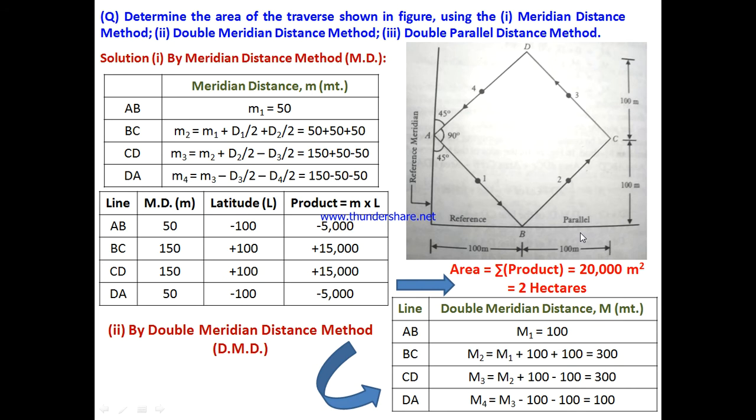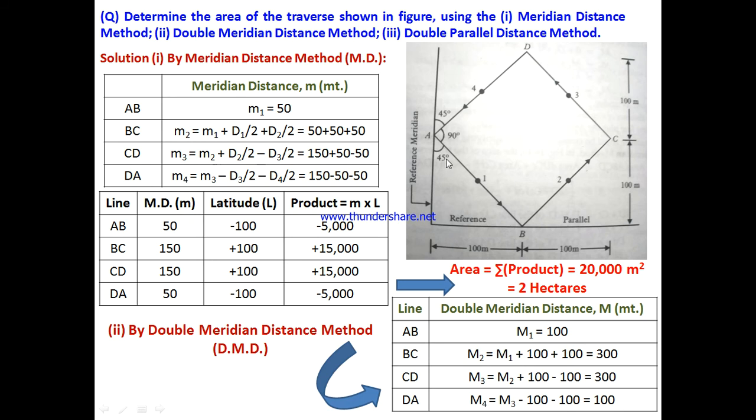So it will be equal to 100 plus 100, and then for D, it will be 100 plus 100 and then minus 100. By calculating, it will come as 300.